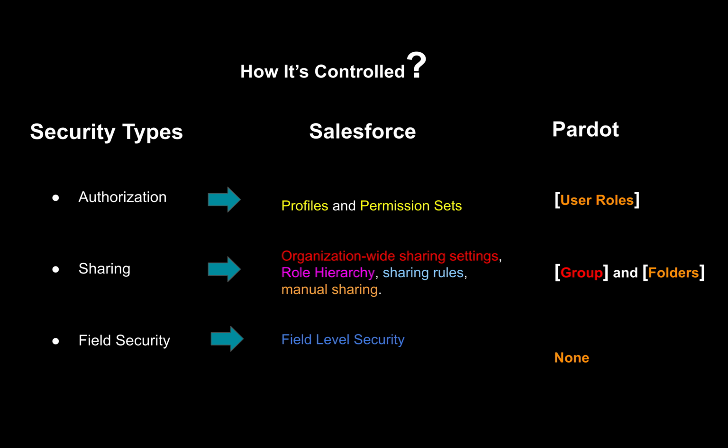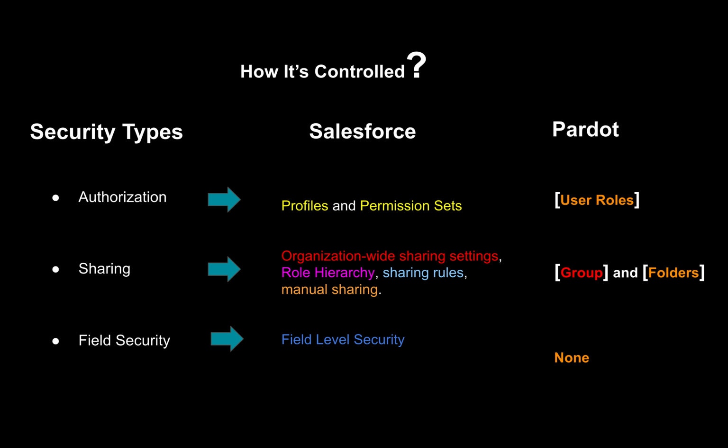In Salesforce, it is controlled using OWD, which is organization-wide default settings, role hierarchy, sharing rules, and manual sharing. But in Pardot, we have groups. You can put users into several groups, and we have folders. So we'll look into the Pardot side of things.